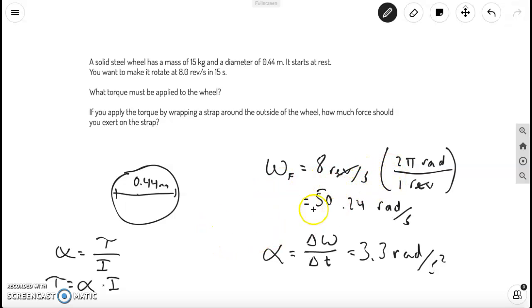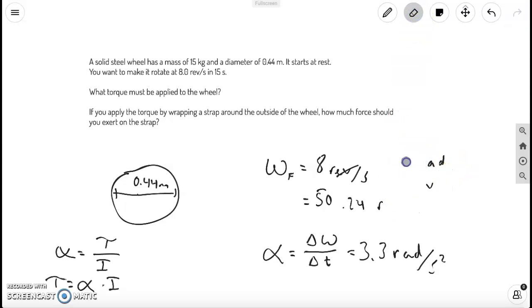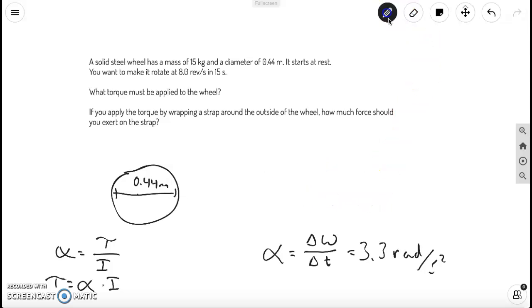So I'm going to walk through how we find the moment of inertia. Again, we need to pull out important information. It tells us the diameter, which will help us to find the radius, because that's always going to be involved with our moment of inertia equations.